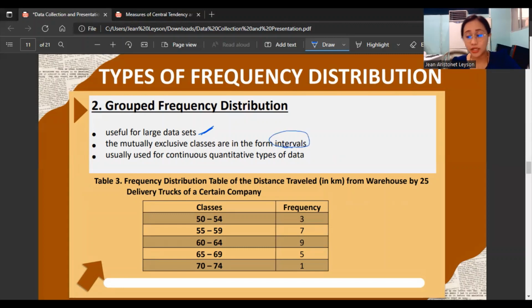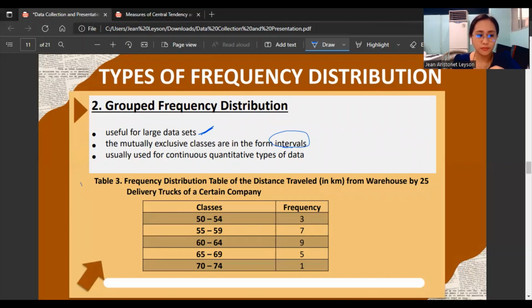If we compare to ungrouped, for ungrouped, the individual categories are being shown. But for grouped frequency distribution, the categories are being grouped in terms of intervals. The grouped FDT is usually used for continuous quantitative types of data.